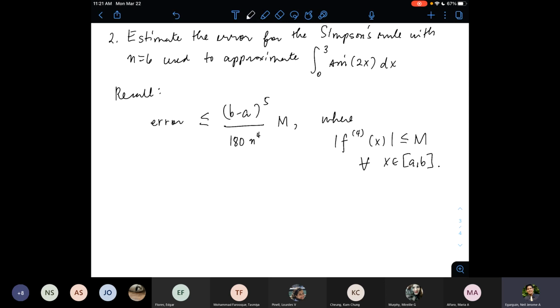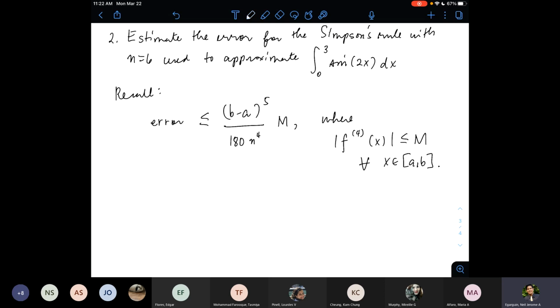So let's see what the different parts in here are. It says that the theoretical error is bounded by (b minus a) to the fifth. b is the upper limit of the integral, a is the lower limit, n is the number of points used, and m is a positive number that bounds the values of the fourth derivative of your function, right?